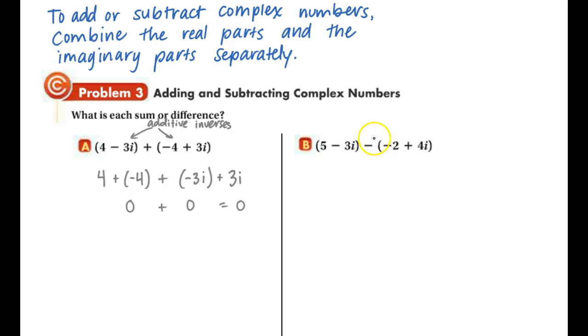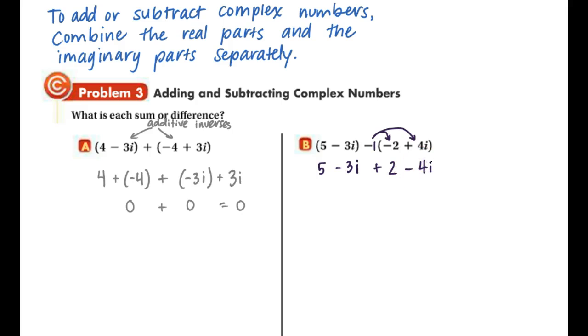For part B, we're given 5 minus 3i minus the quantity negative 2 plus 4i. So first, before sorting like terms, I want to distribute that negative 1 in front of that second set of parentheses. And remember, when you multiply by negative 1, you're only changing the signs. So the first expression is the same. I have 5 minus 3i, and then now I have plus 2 minus 4i.